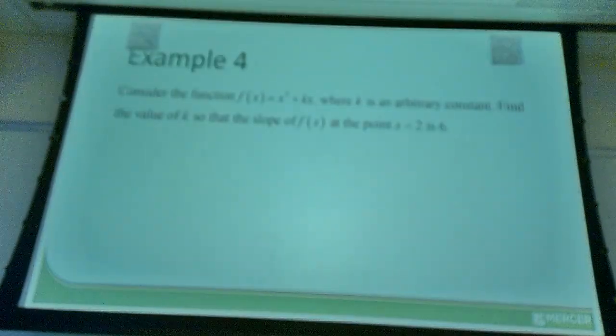All right, so let's look at the function x cubed plus kx, where k is an arbitrary constant. Find the value of k so that the slope of f of x at the point x equals 2 is 6. Well, what is slope of f of x given by?